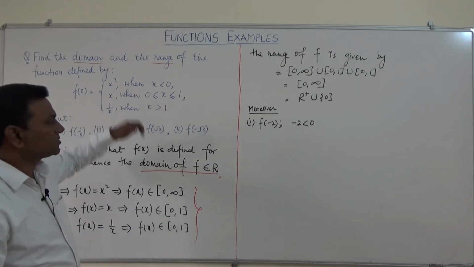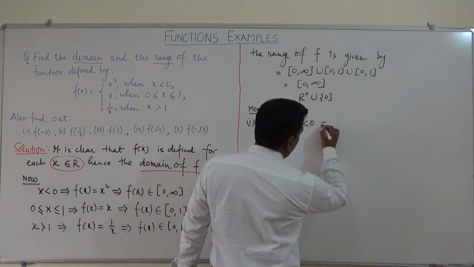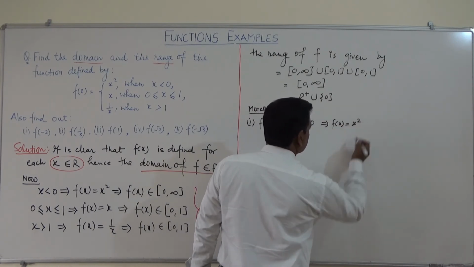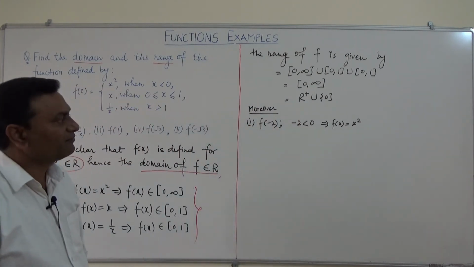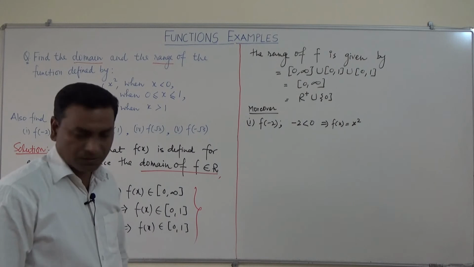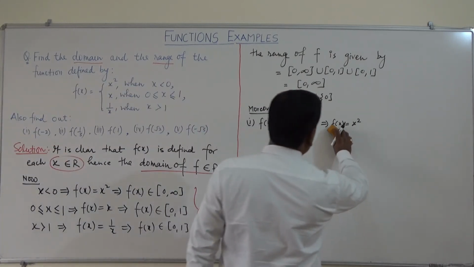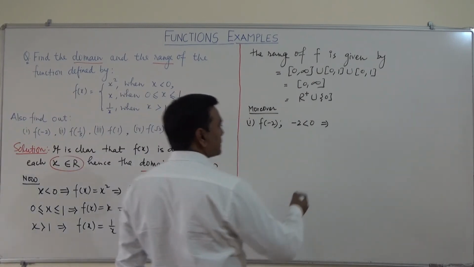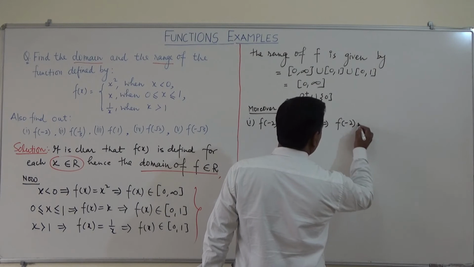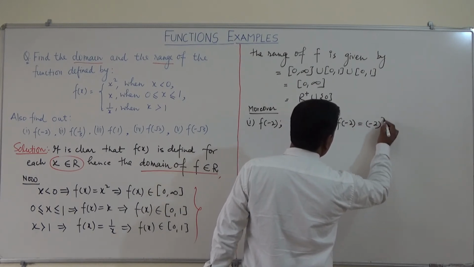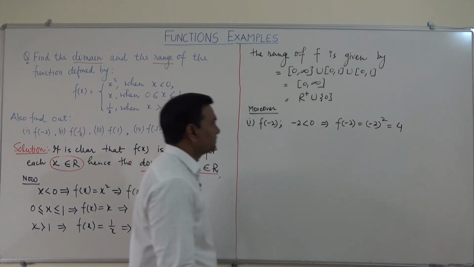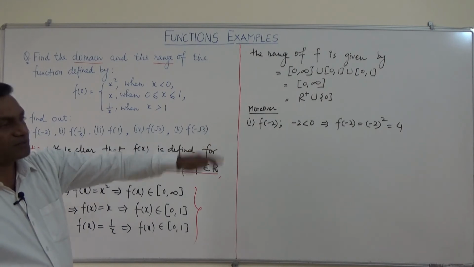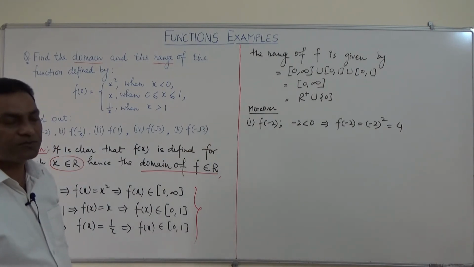It means f(x) equals to x square. So f(-2) equals to (-2) whole square, this is equals to 4.